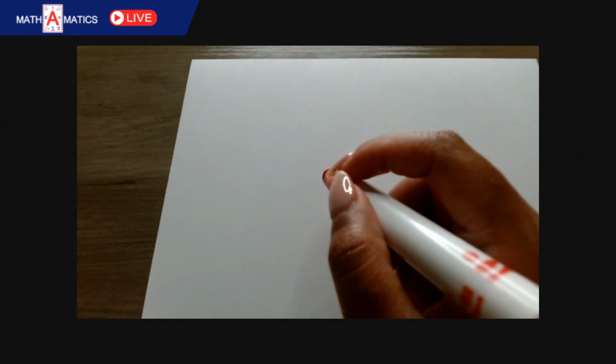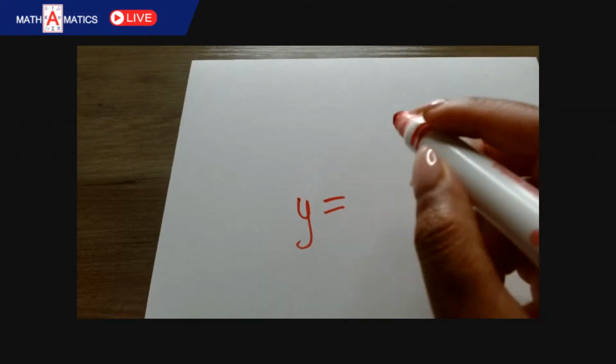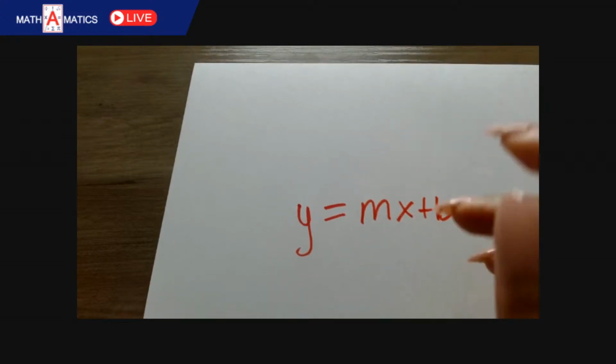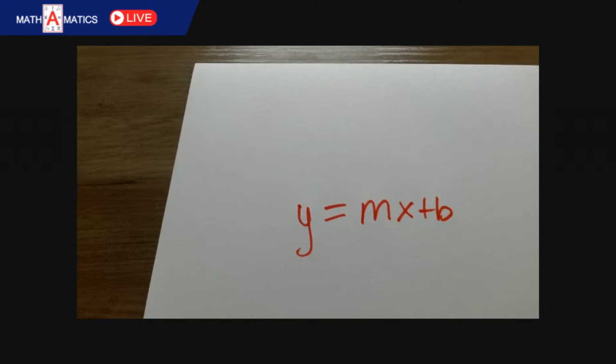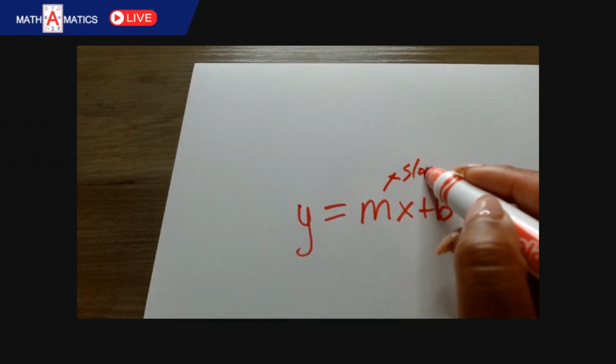All righty, so slope, let's do the basics here. Even last week we talked about it. Y equals mx plus b. This is the equation of the line and one of the foundations for algebra, period. And so our m is our slope in our equation.